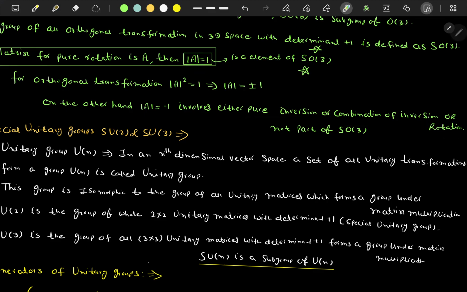So when this condition is satisfied, we say it's pure rotational, and SO3 type means a special orthogonal group of order 3. But if the determinant of A is minus 1, then it's either pure inversion or a combination of inversion and rotation.